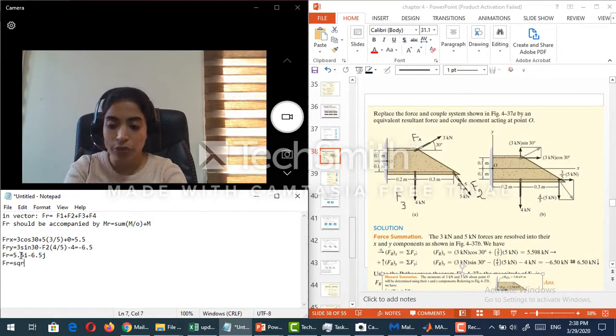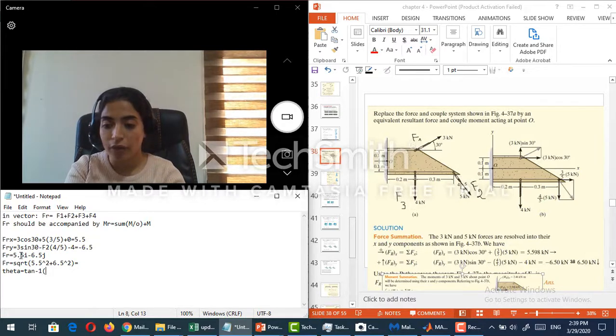It is the square root of 5.5 squared plus 6.5 squared, and its direction theta, let's say with x, of course I should draw this theta, will be tan inverse of what?